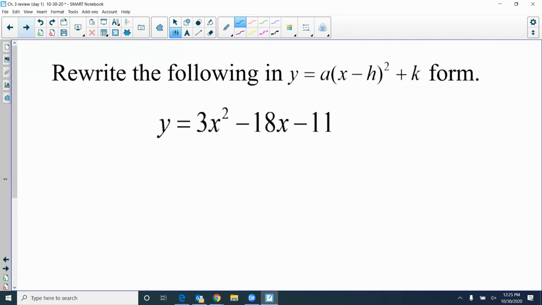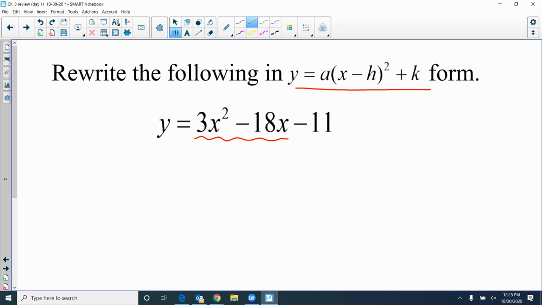All right, let's take a look at some specific things from some specific sections. Rewrite the following in y equals a times x minus h squared plus k form. I'll give you this form, you don't have to memorize it. If you have a number in front of the x squared, this is where you want to factor that number out.